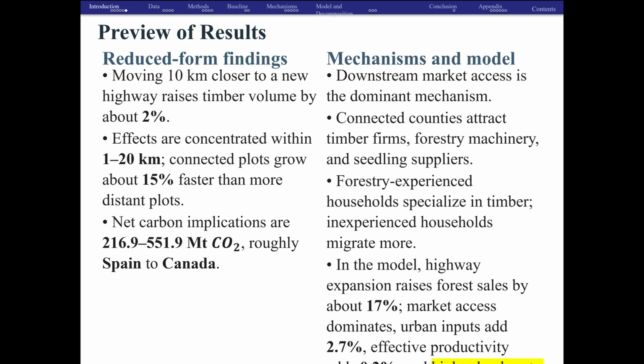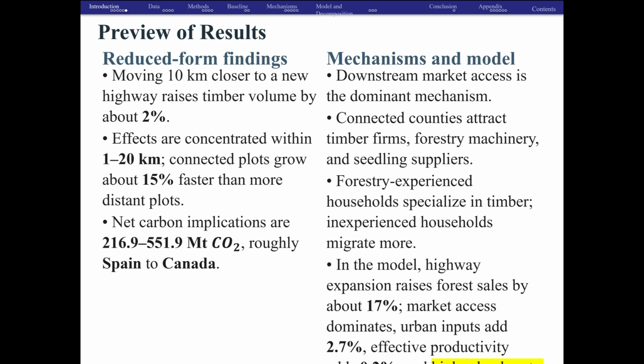We also had a model estimating carbon implications. From 2000 to 2010, those plots added together, the forest carbon increased from around 200 to 500.